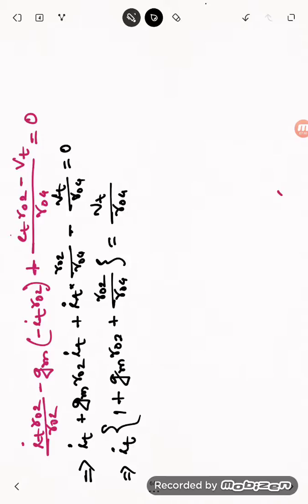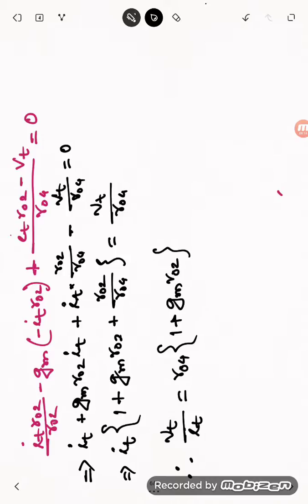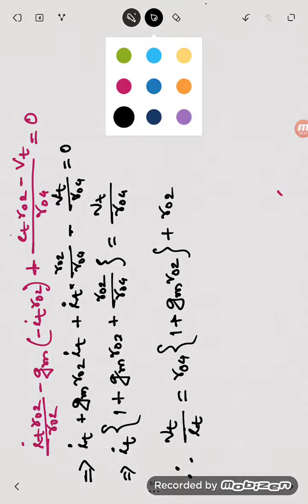And from this point we can simply say Vt over IT is simply R04 times 1 plus gm R2, plus R2.